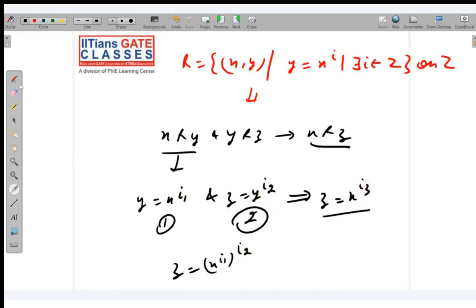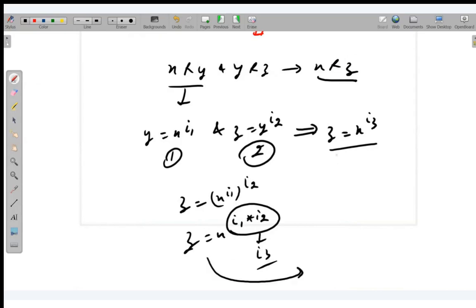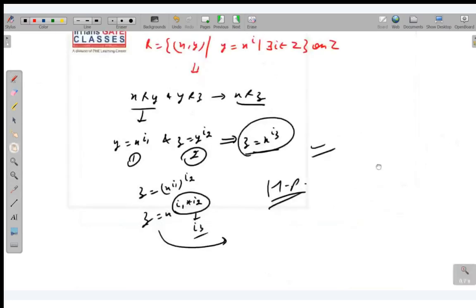So z is equal to x power i1 multiplied by i2. And obviously an integer multiplied by an integer is some integer, you can take it i3. So finally z is equal to x power i3, and we want this only. Hence proved, this is transitive. 100% this will be transitive.